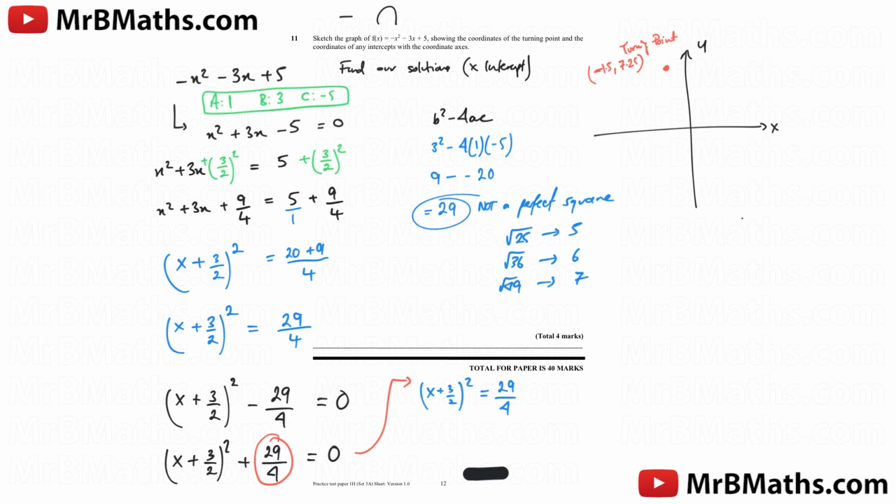We take the square root, we then end up with x plus 3 over 2 equals the root of 29 over 4, and we root it because we've got rid of this 2 here, which of course then becomes x equals minus 3 over 2 plus and minus the root of 29 over 4.